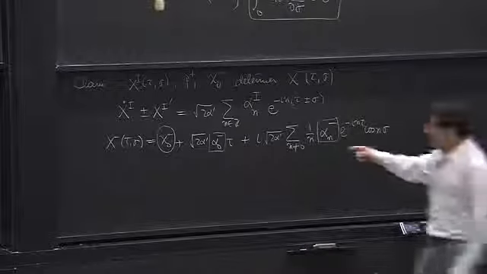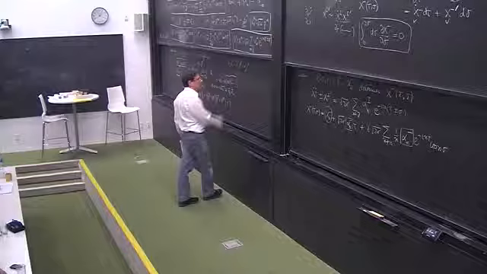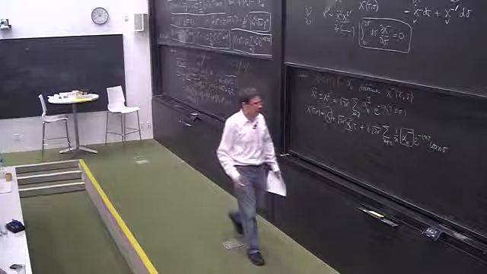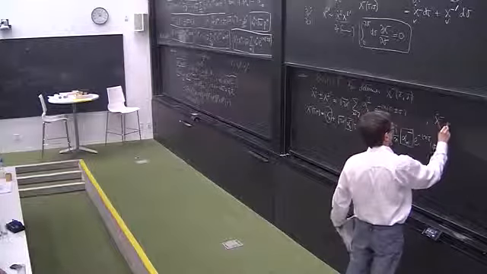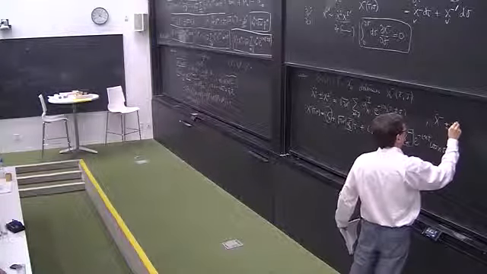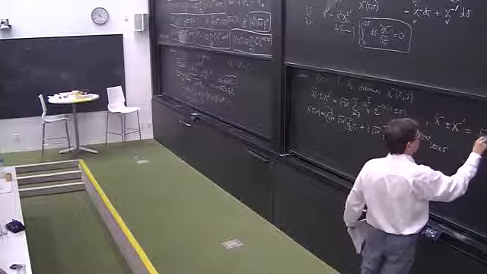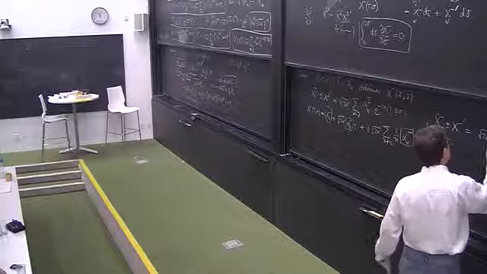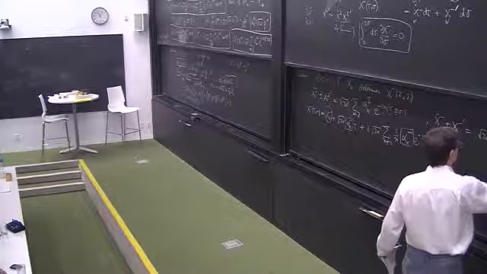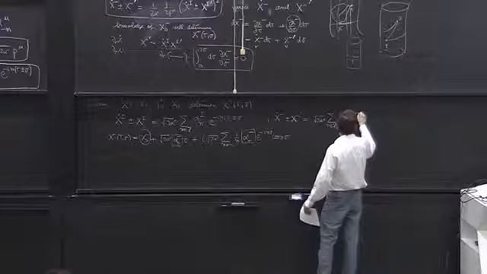Now, this same formula also holds for x minus, so we can write more compactly here that x minus dot plus or minus x minus prime is equal to square root of 2 alpha prime sum from all n alpha n minus e to the minus i n tau plus or minus sigma.